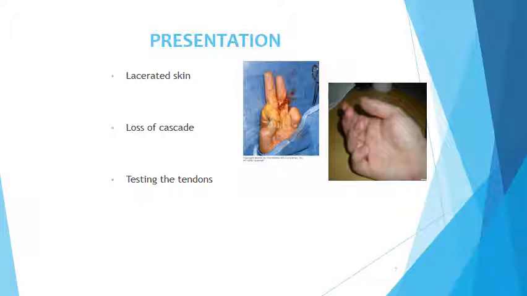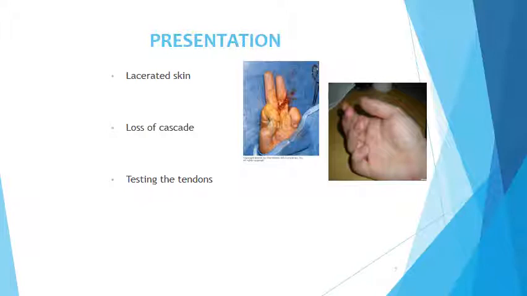If you draw a straight line along the fingernails, they should all connect to the scaphoid. Can you see that? Well, there's a loss of cascade. So the finger that's had a flexor tendon injury is not in that natural cascade anymore.